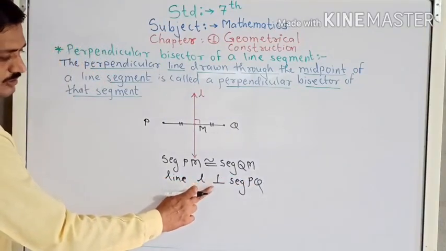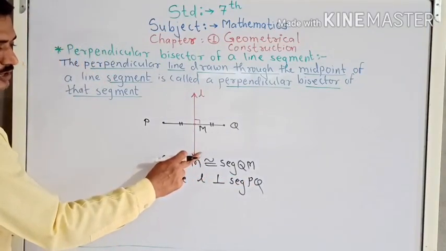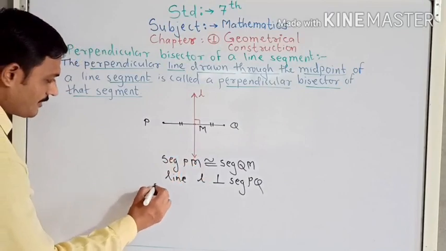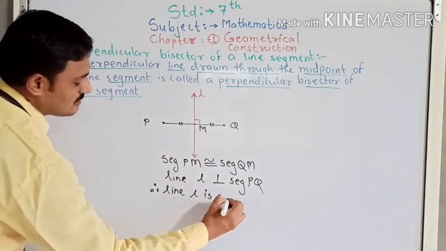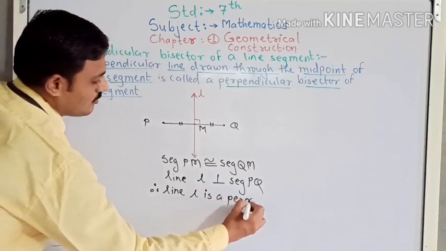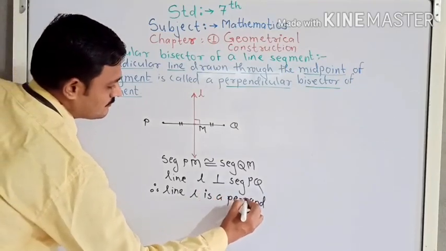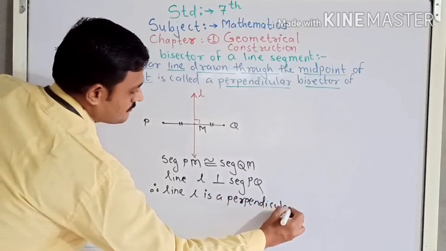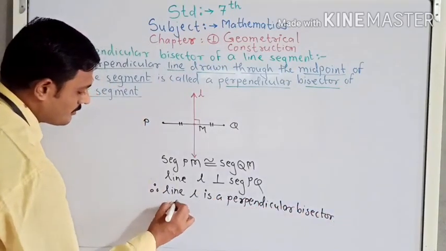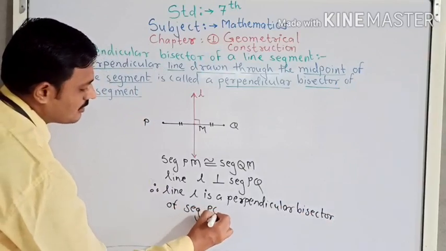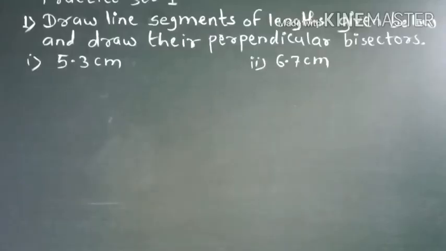This is a perpendicular line passing through the midpoint, and therefore line L is a perpendicular bisector of segment PQ.